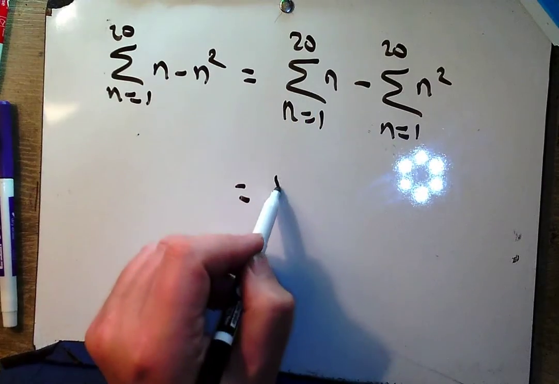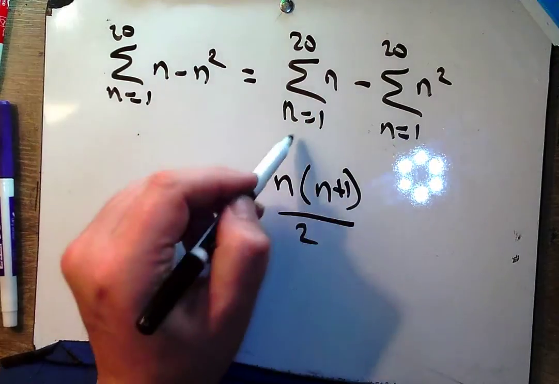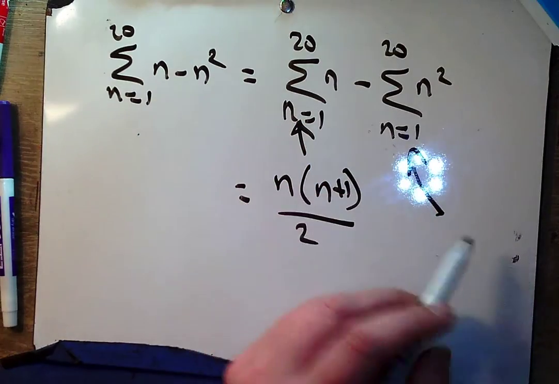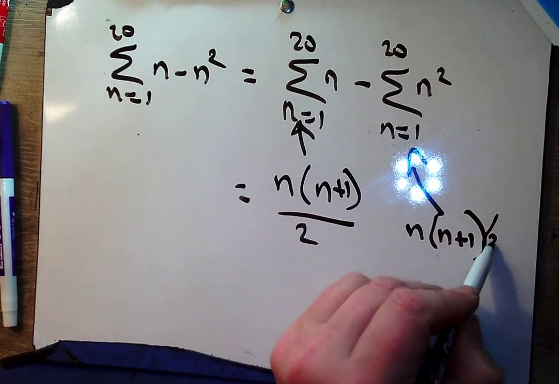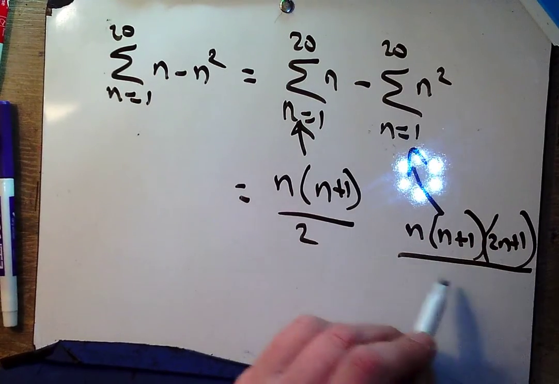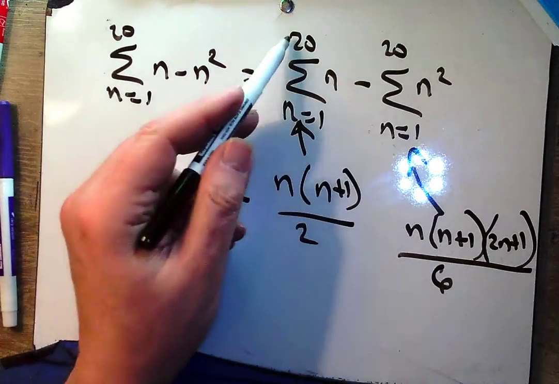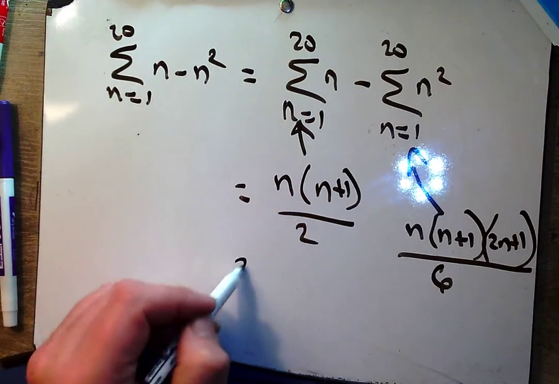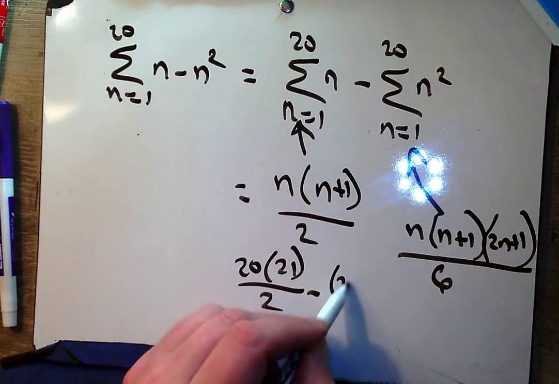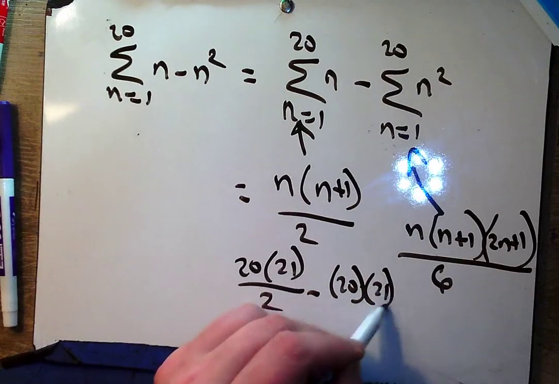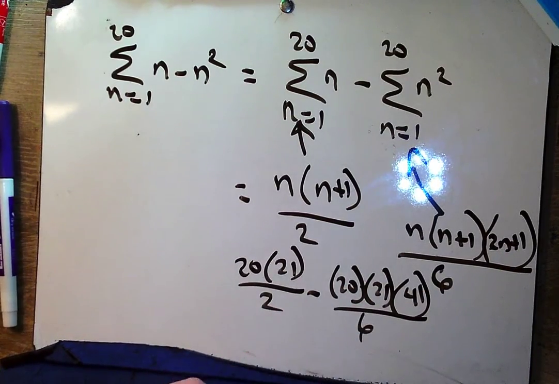So our shortcut is n times n plus 1 over 2 for this, and our squared shortcut is n times n plus 1 times 2n plus 1 over 6. No, it is not n plus 2, it is 2n plus 1. And no, it is not over 3, it's over 6. So let's plug in our 20 for n. So we've got 20 times 21 over 2 minus 20 times 21 times 41 over 6.